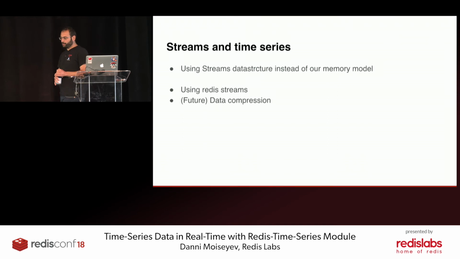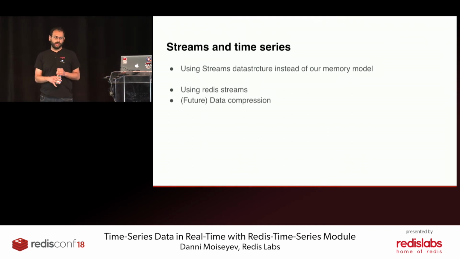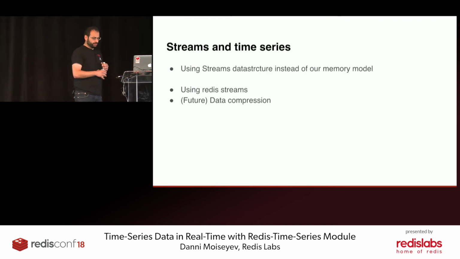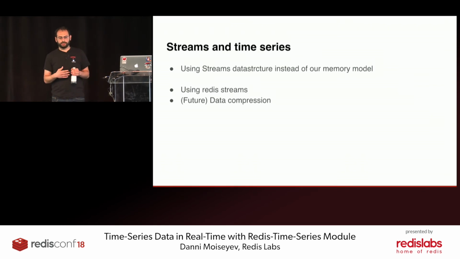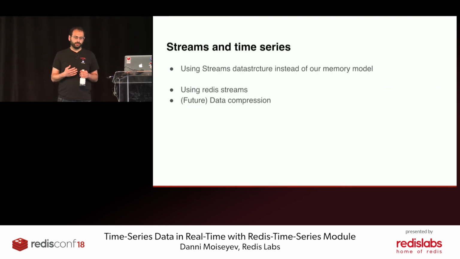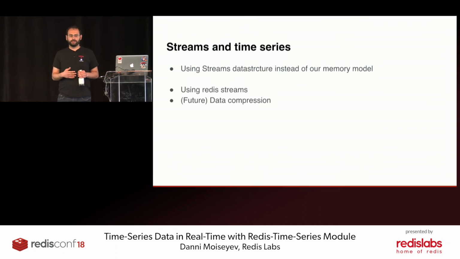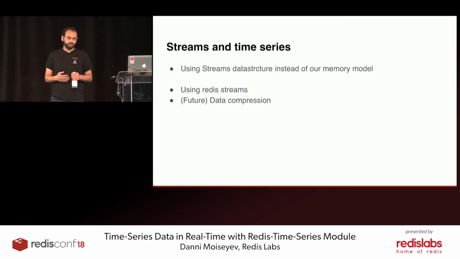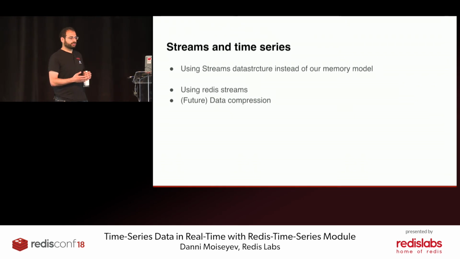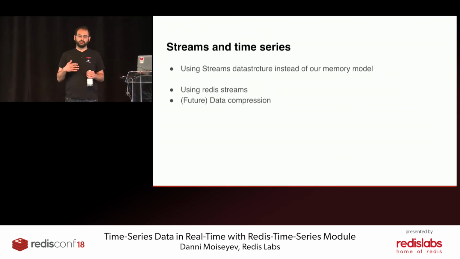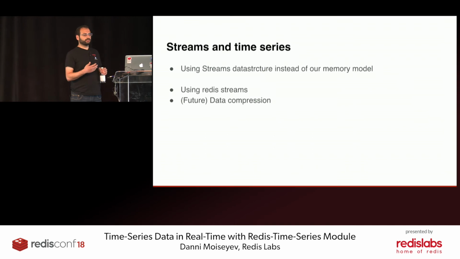Okay, so a lot of people ask me about streams and how this relates to streams. So the time series, as we see it, is a subset of streams. So streams are a more generic time-based data structure. So you can host logs, you can host events, you can utilize it for time series also.